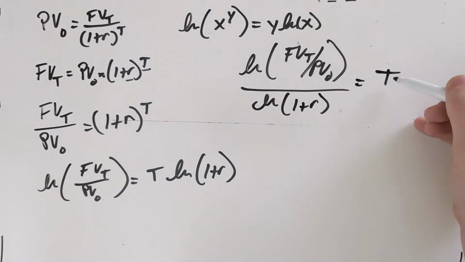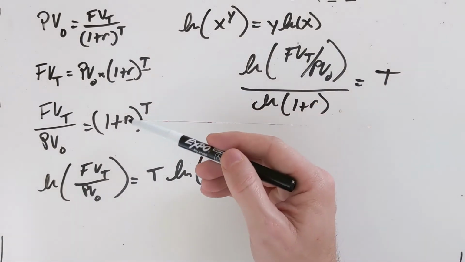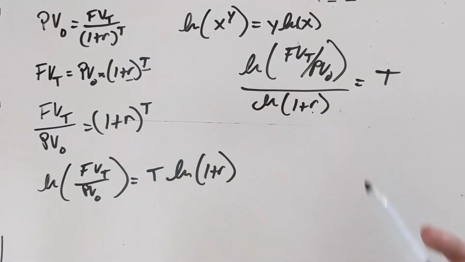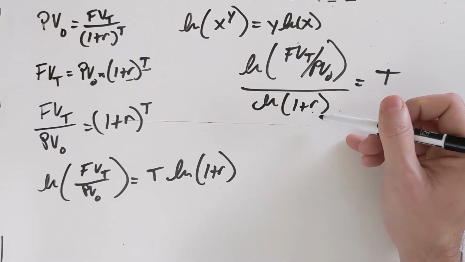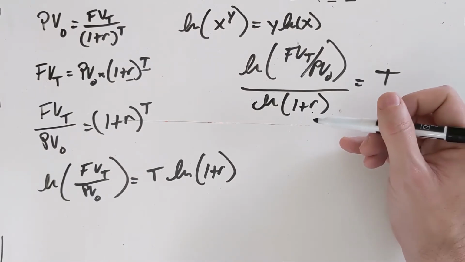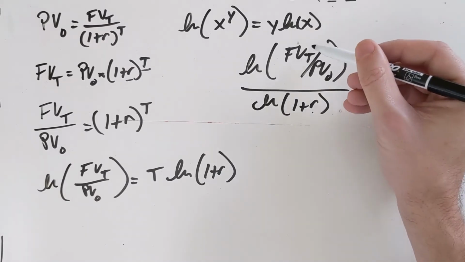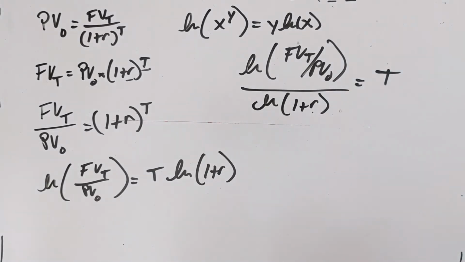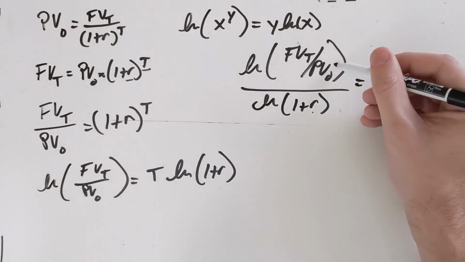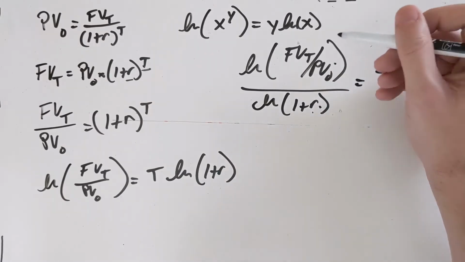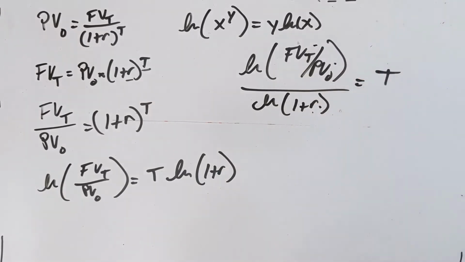All right, now what is this useful for? Well, again, this is figuring out a length of time. If you know what current interest rates are in the market, you know how much money you want to put aside, you know how much money you want to get back from your investment, one question you might ask yourself is, how long do I need to invest this amount of money at this interest rate so that I will be able to withdraw this future value?